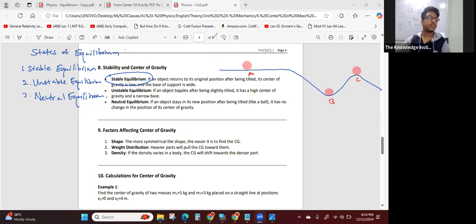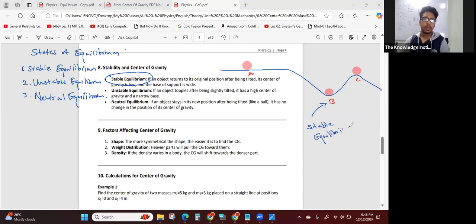Here the stable one is B. B is the stable equilibrium, because if you give a small displacement, it will again come back to the same position. For example, if you take this ball and leave it here, it will oscillate, and then due to resistance and friction, the energy is lost and it finally comes to point B. So point B is stable equilibrium.